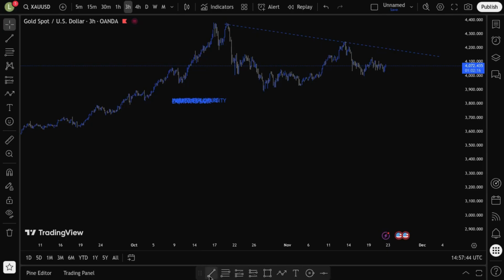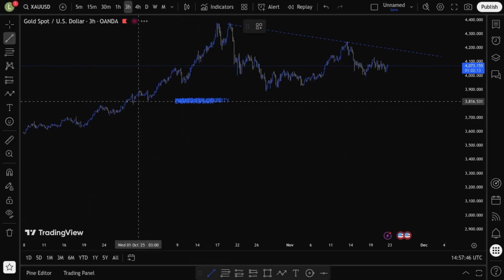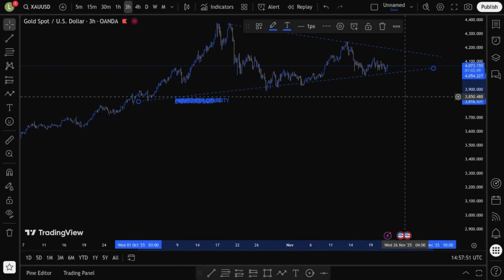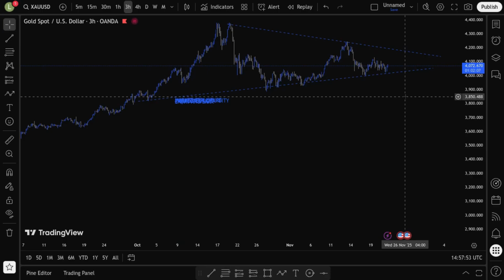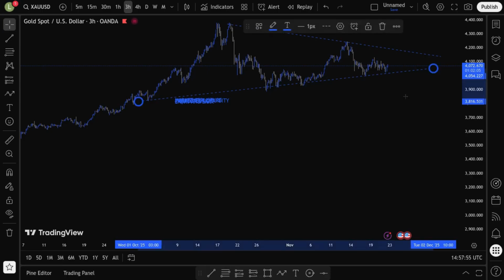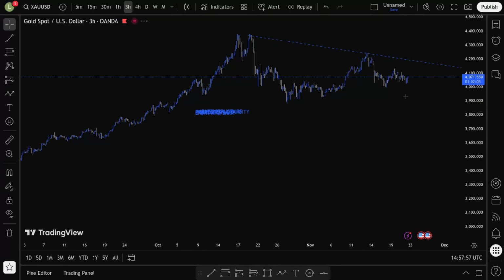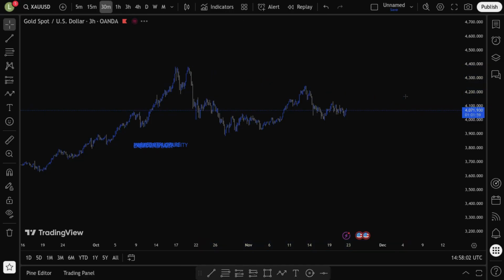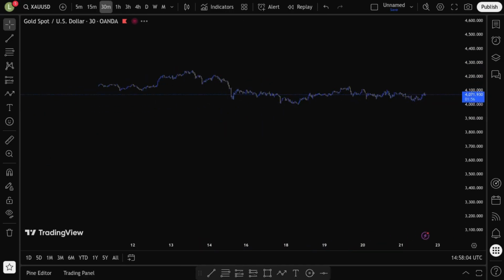Some of you will say there's another uptrend here. Yes, we already know gold is in an uptrend, so this one does not really matter. All you need to do is mark what really matters and go to the next point.